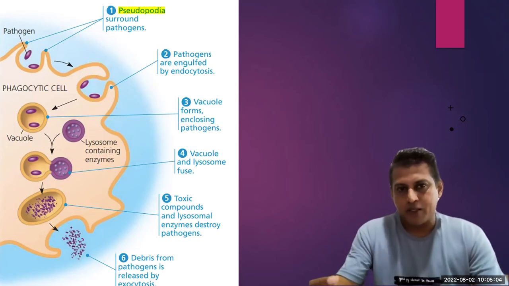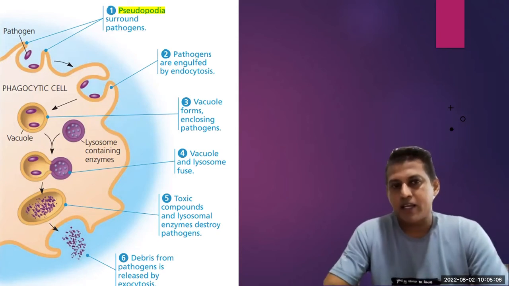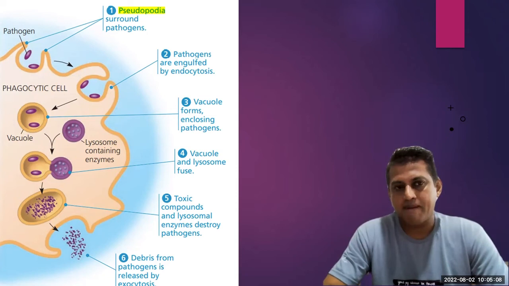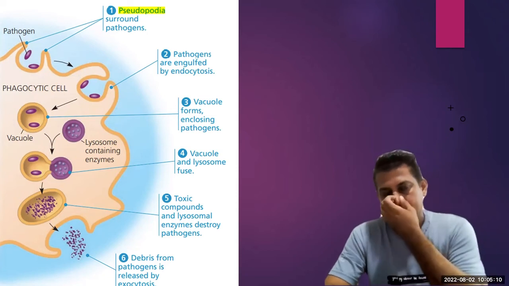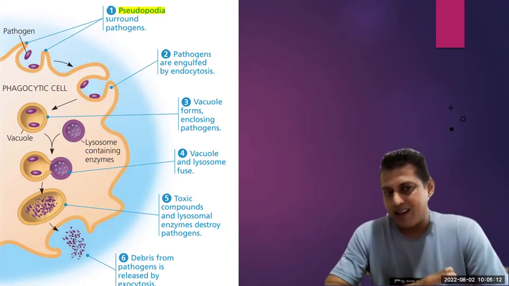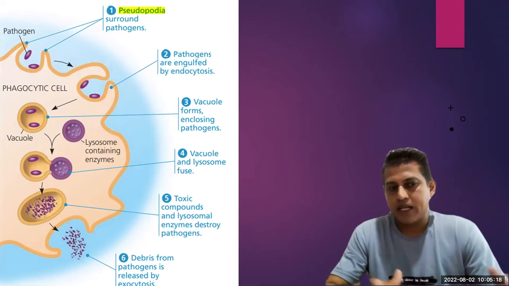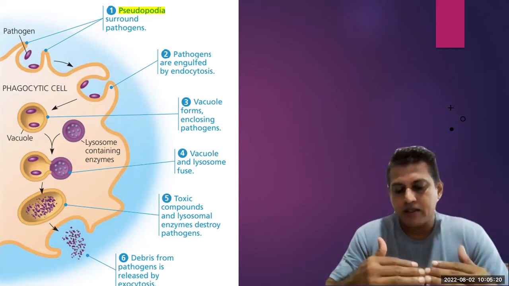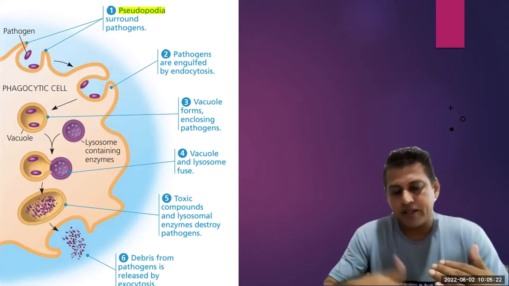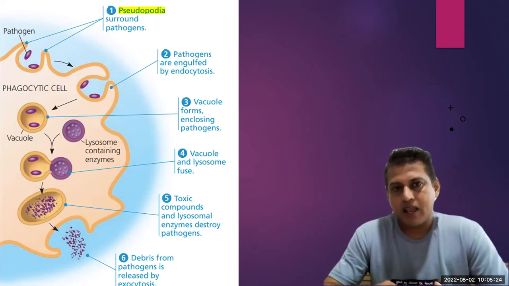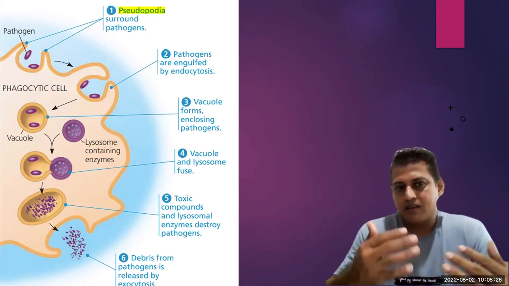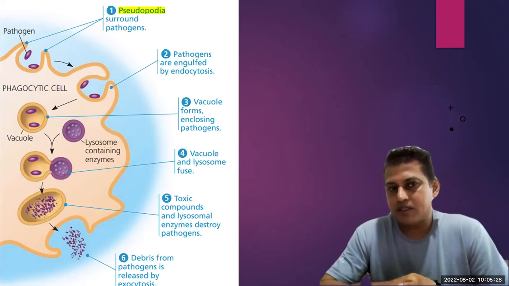Pathogens are trapped by endocytosis. We haven't learned yet the movement of molecules across the membrane. The cell has the membrane, and molecules can move out and in, and that's a different type of molecular movement.